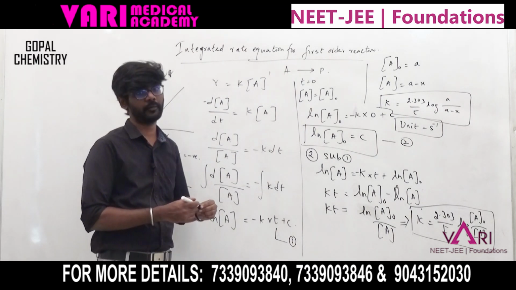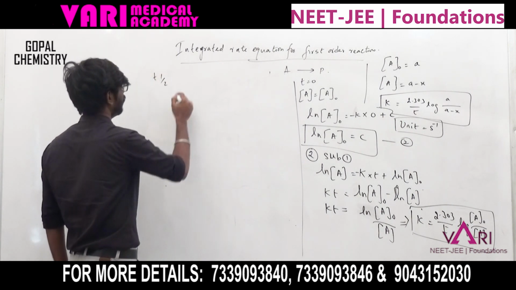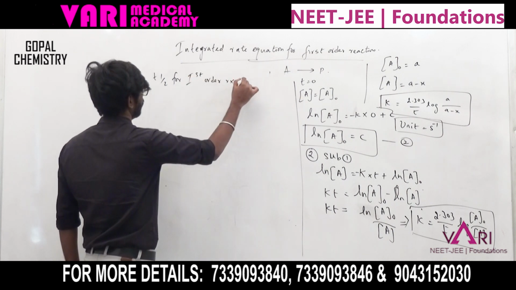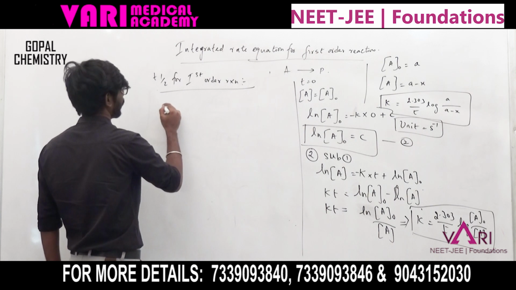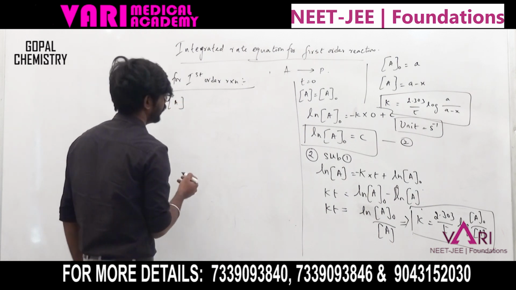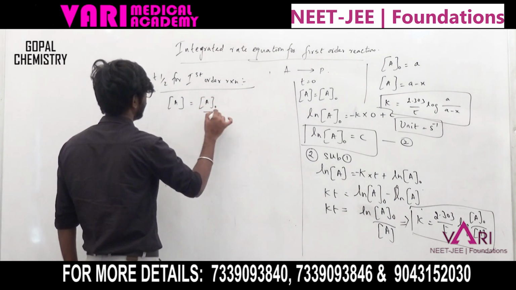Another one is t half for first order reaction. Here A has to be taken as A naught by 2.